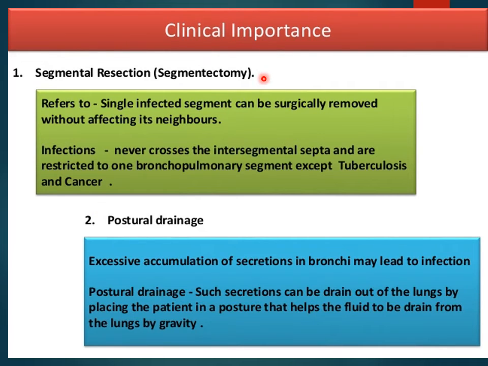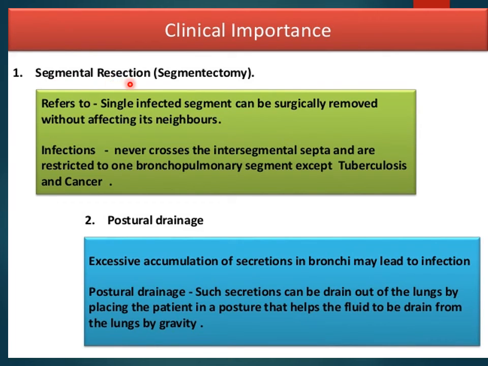So, the clinical significance of these bronchopulmonary segments: first, due to the restricted segmental neurovascular supply, infection cannot spread from one segment to the other. Therefore, it is easier for a surgeon to remove only the infected segment of the lung.